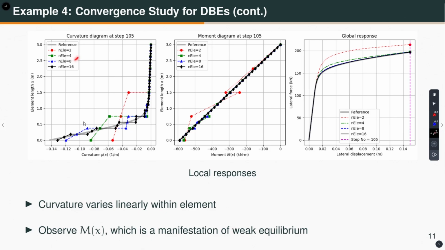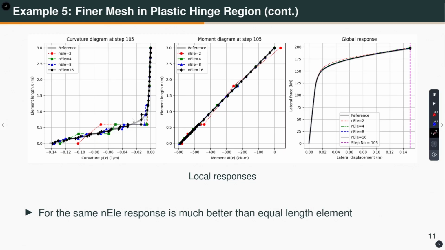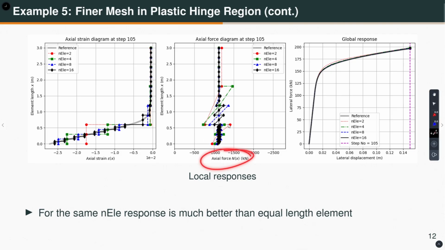So 8 elements is blue versus this blue here; you can feel the difference, right. So the conclusion I want to make is that for the same number of elements, the nonlinear response is much better when you are doing a finer discretization than equal length elements. And this is the whole idea of finite element analysis, okay. This is for the displacement-based element, right, and the axial force along the length, okay.